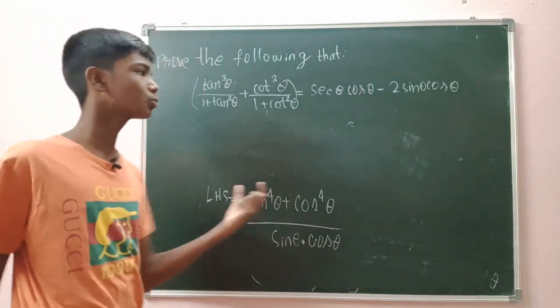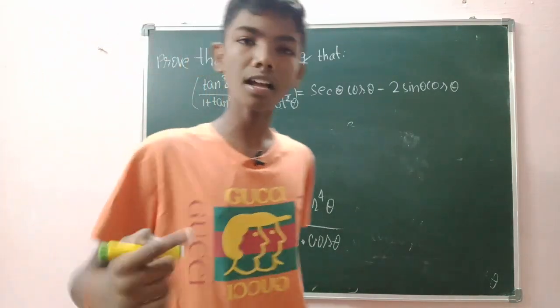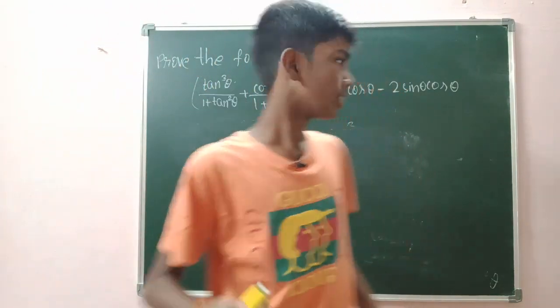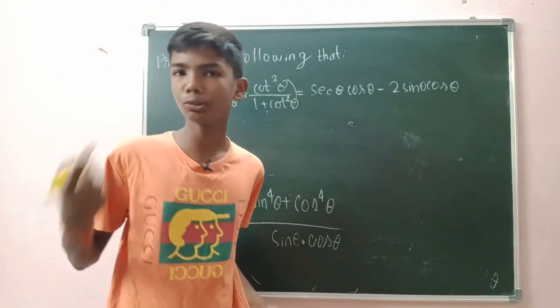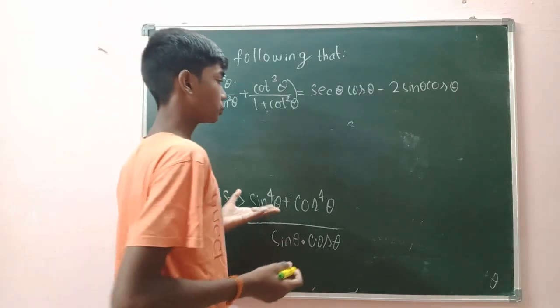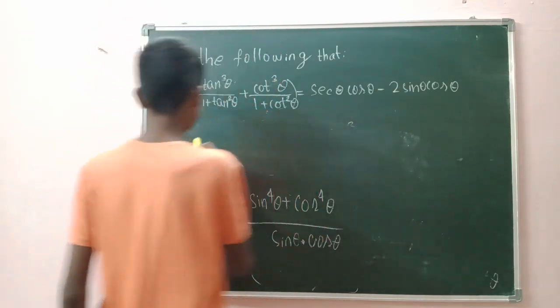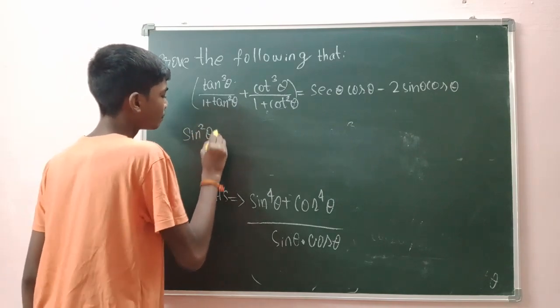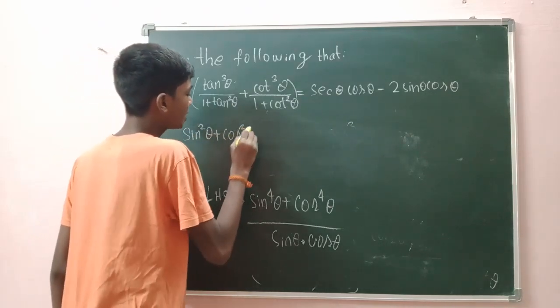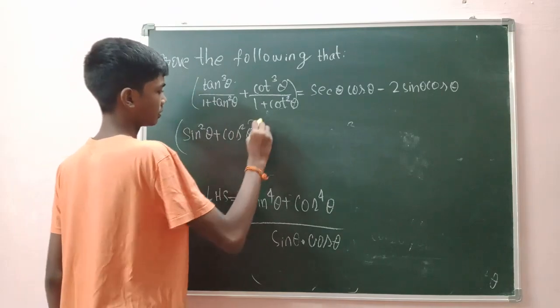What I'm going to do is write sin power 4 theta plus cos power 4 theta in some other way, because we know (a plus b) whole square is a square plus b square plus 2ab. So I will write it here: sin square theta plus cos square theta, the whole square.